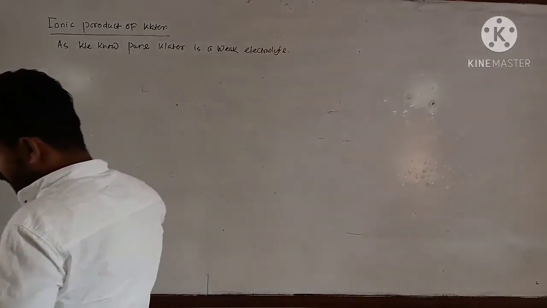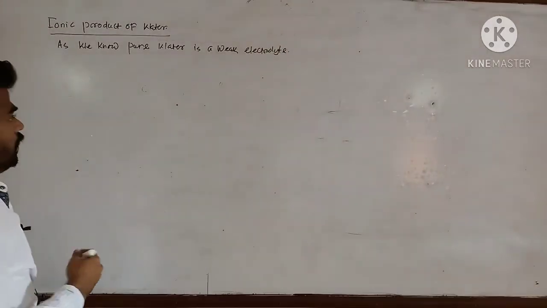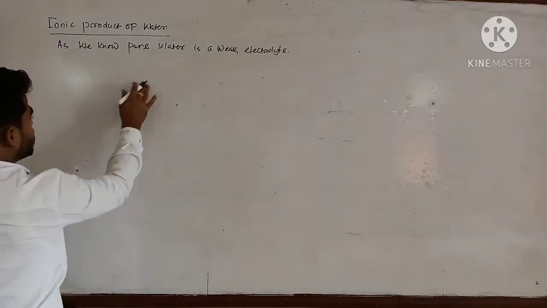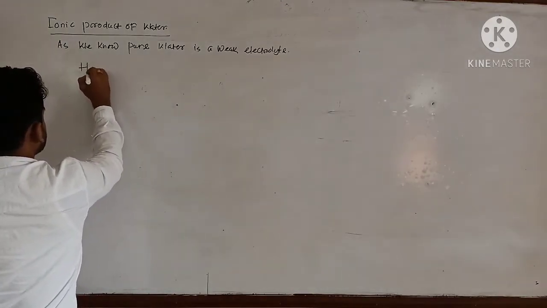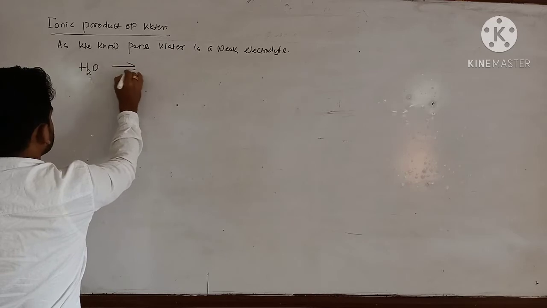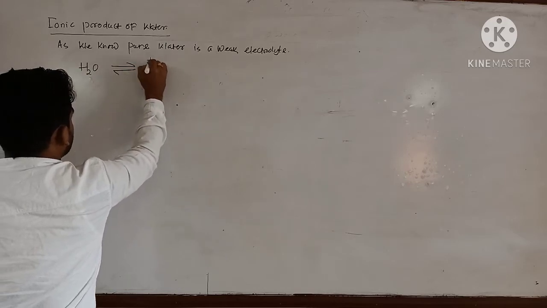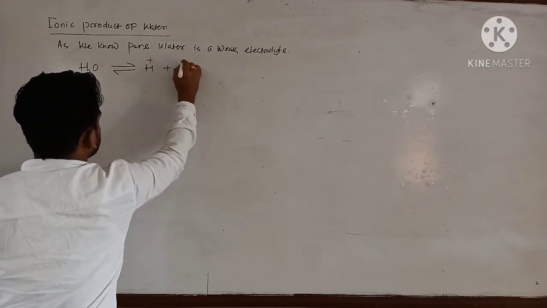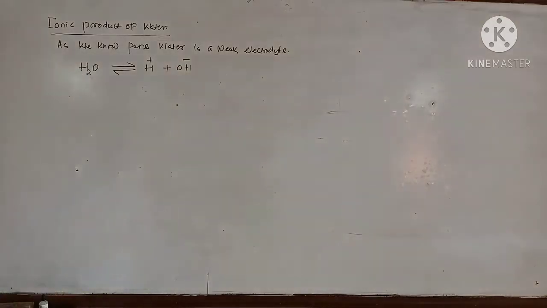So definitely there exists an equilibrium during its dissociation that can be represented like this: H2O is in equilibrium with H plus and OH minus. Is that clear?